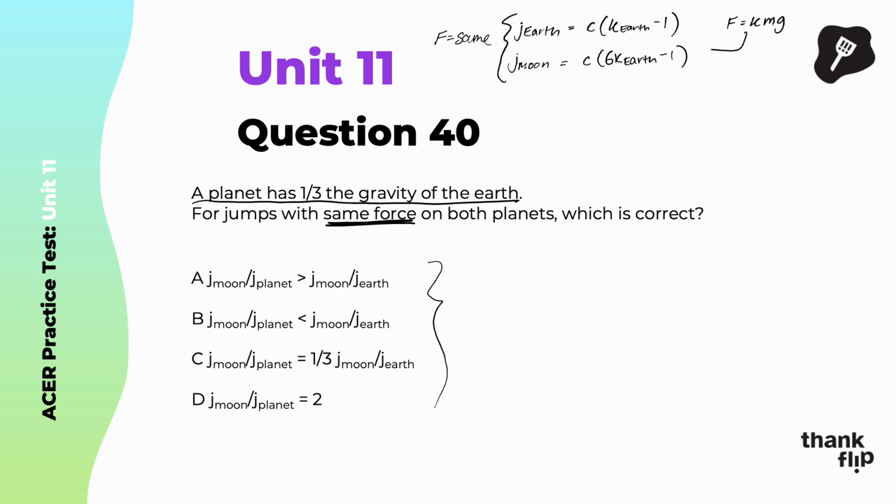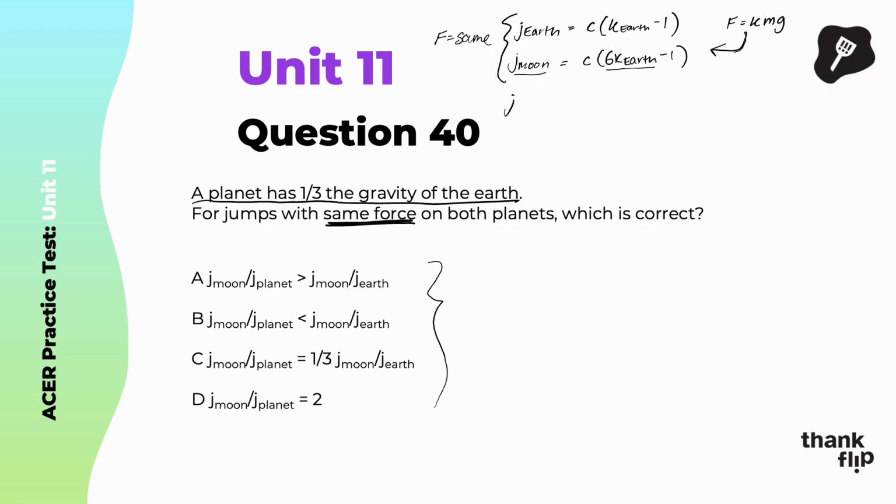So these formulas have been derived from this, and also the fact that gravity on the moon is 1/6 that of the gravity on the Earth. And so given the fact that gravity on the moon is 1/6 of that on the Earth, we can see that to get J moon, we have to multiply K Earth by 6.